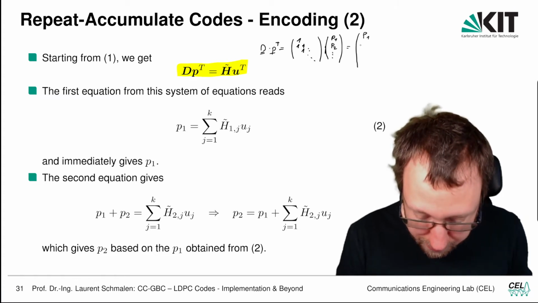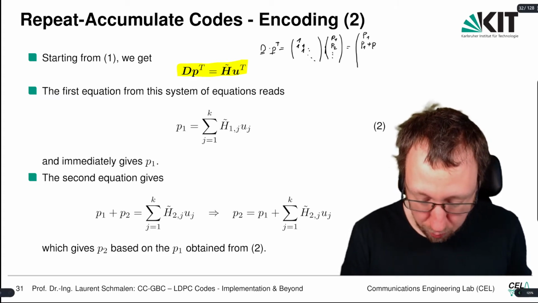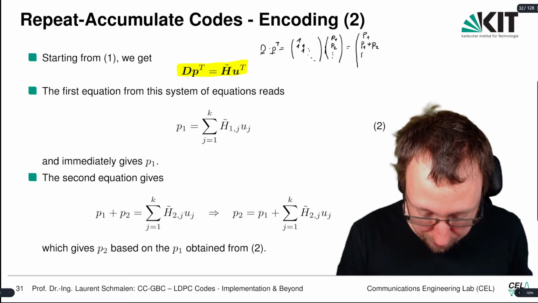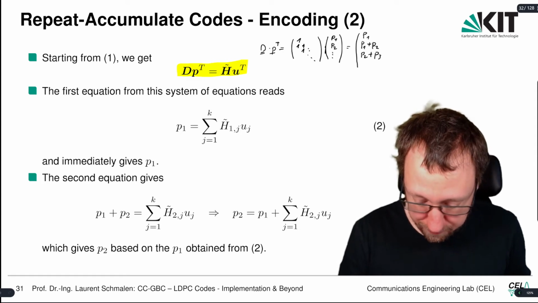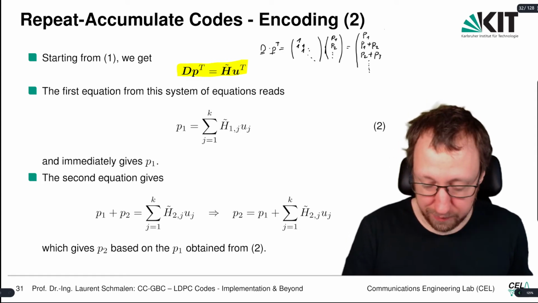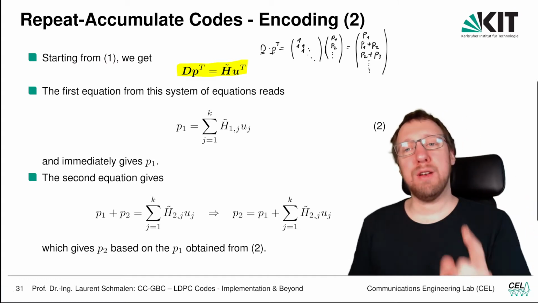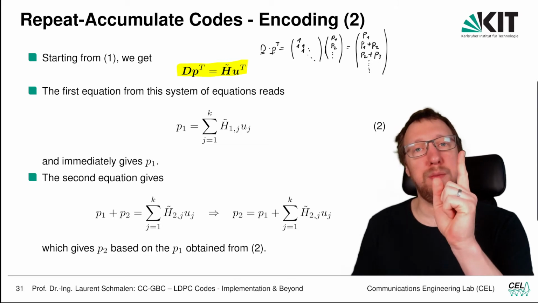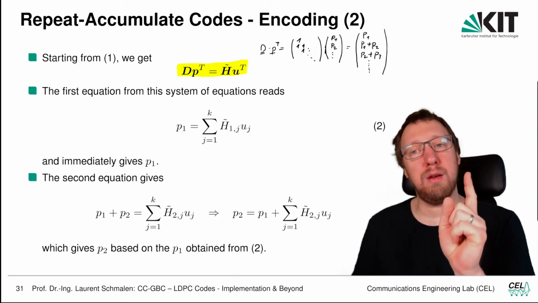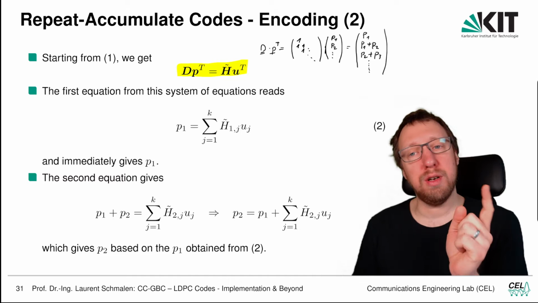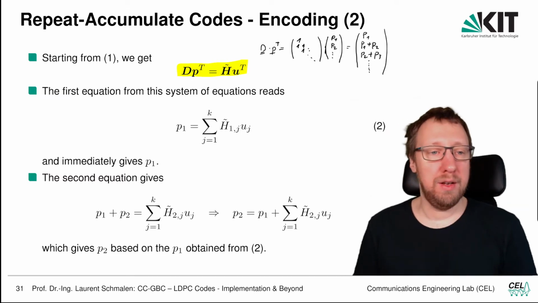The second entry is P1 plus P2. The third entry is P2 plus P3, and so on. So D times P transpose is a vector that has in the first coordinate P1, in the second coordinate P1 plus P2, in the third coordinate P2 plus P3, and so on.